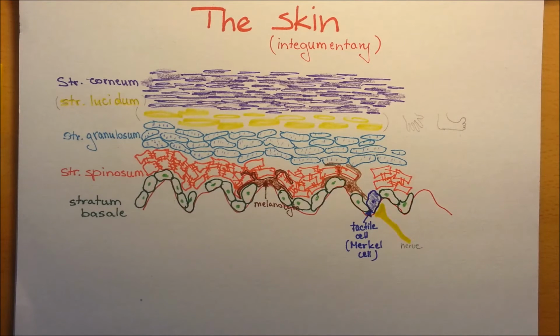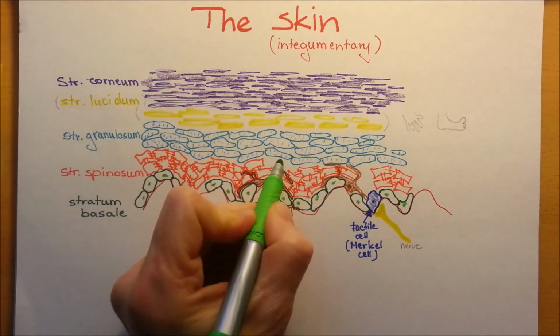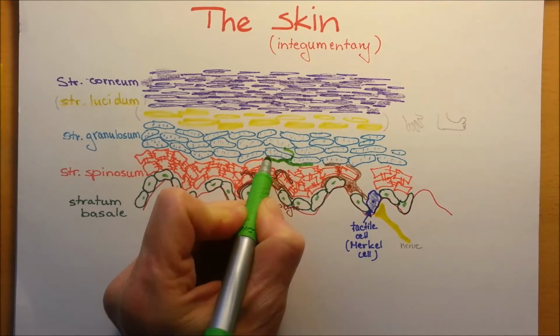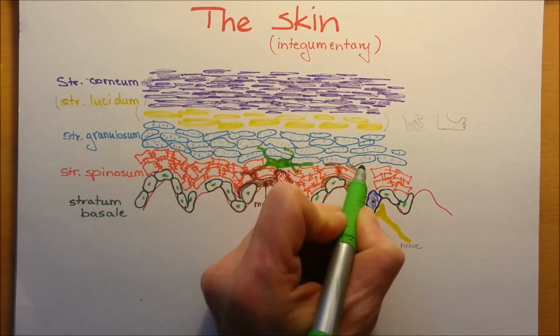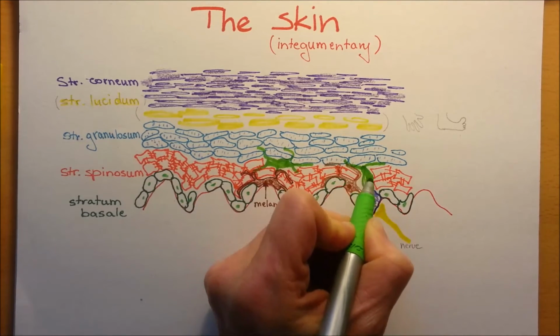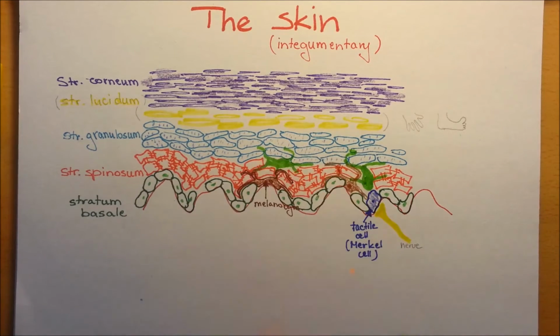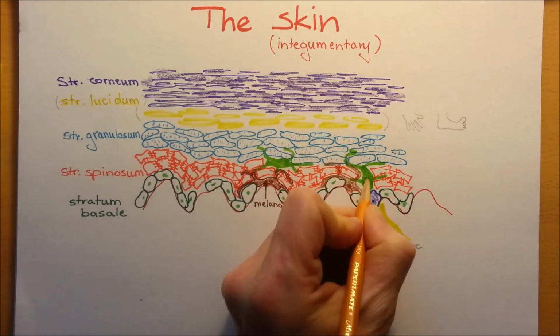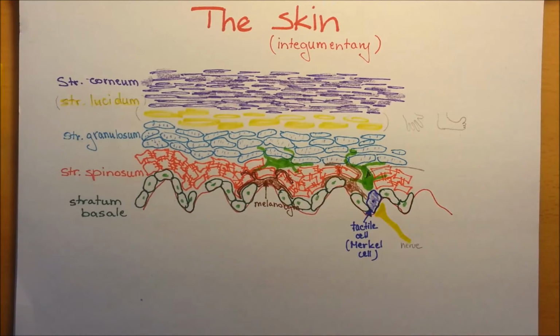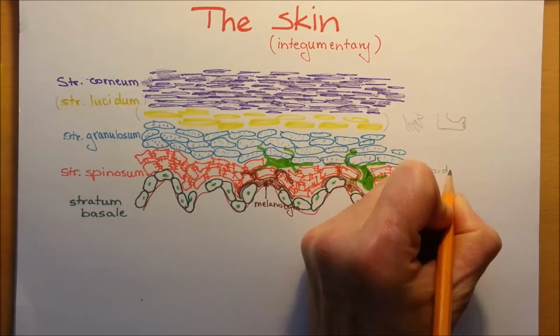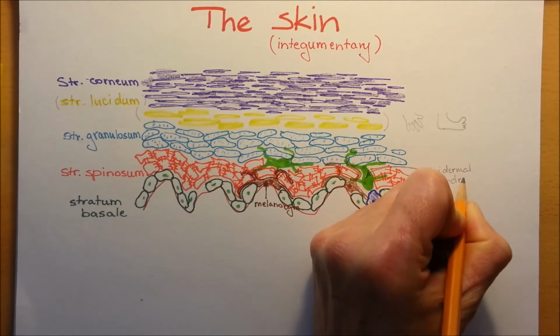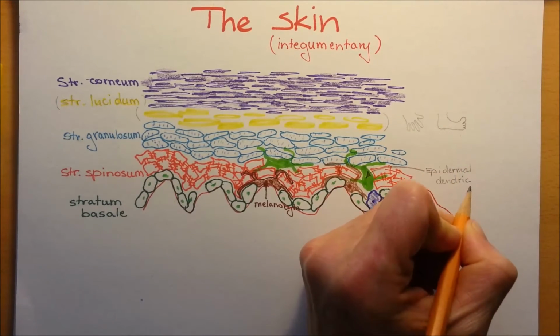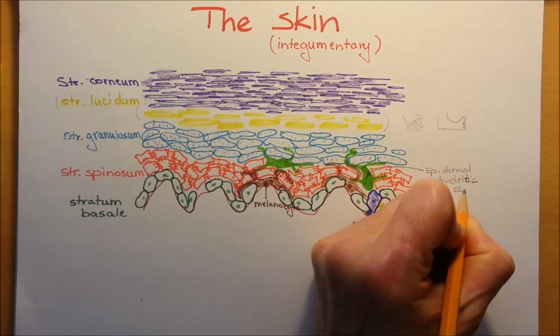The last cell that we want to talk about is the epidermal dendritic cell, or the Langerhans cells, that play a role in immunity, so they relate to the immune system. They are in the border of stratum granulosum and the stratum spinosum.